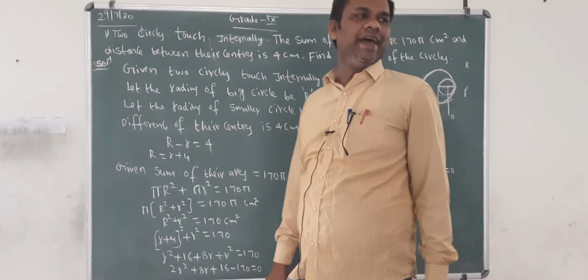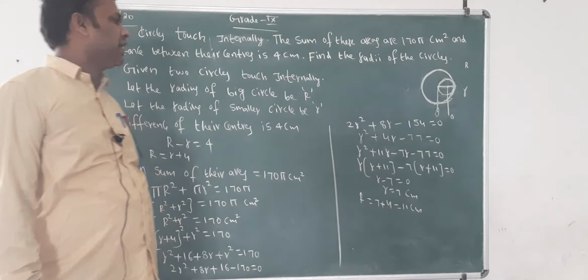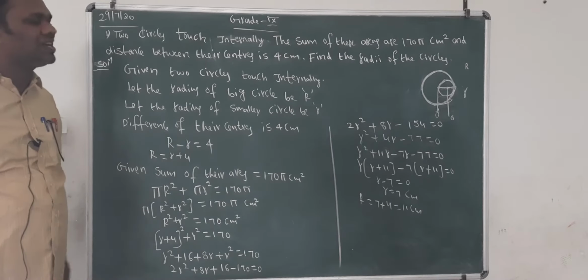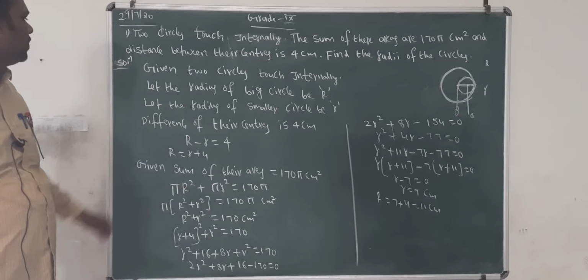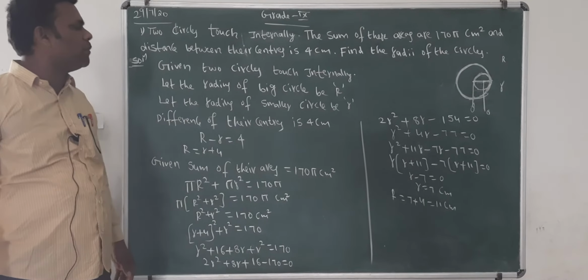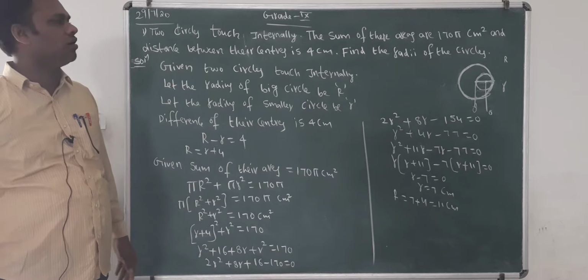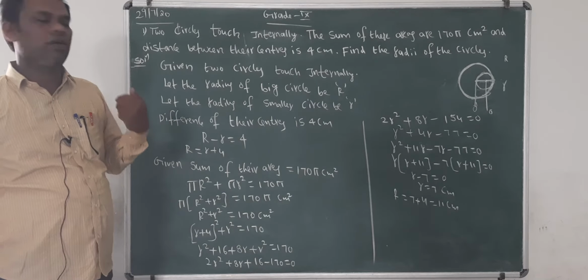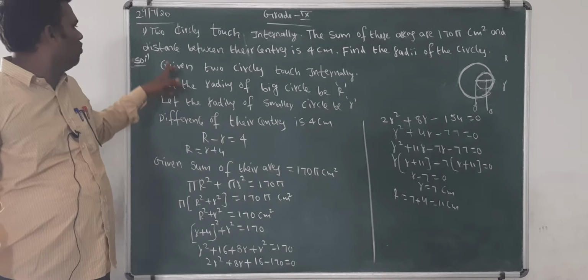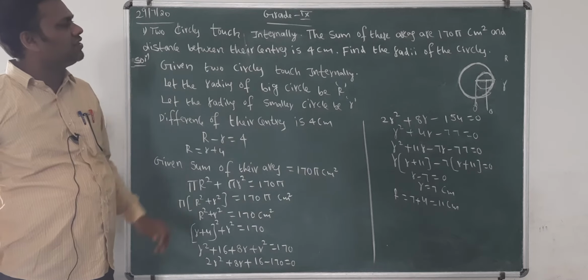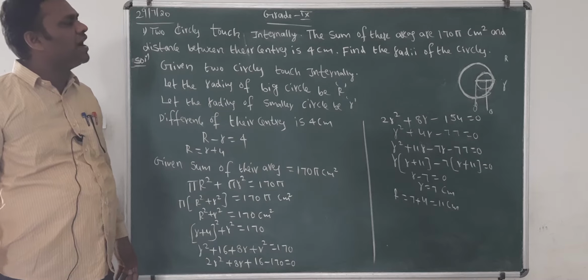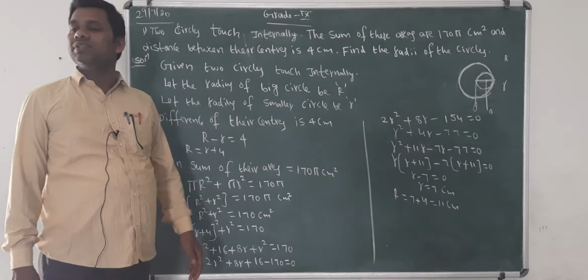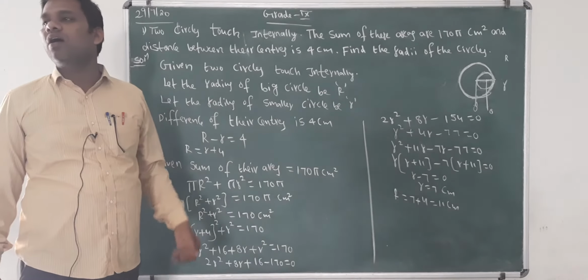Given two circles touch internally, let the radius of the big circle be capital R and the radius of the smaller circle be small r. We have to find the radii, that is, the capital R and small r values.